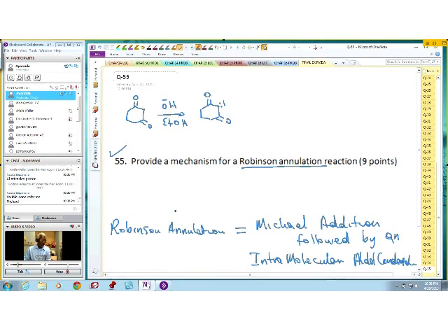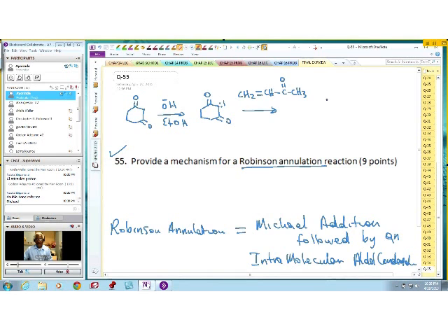Do a Michael. So I need to use an appropriate Michael acceptor, which would be an alpha beta unsaturated ketone or aldehyde. In this case, I need to use an alpha beta unsaturated ketone because I want to eventually do an intramolecular aldol.